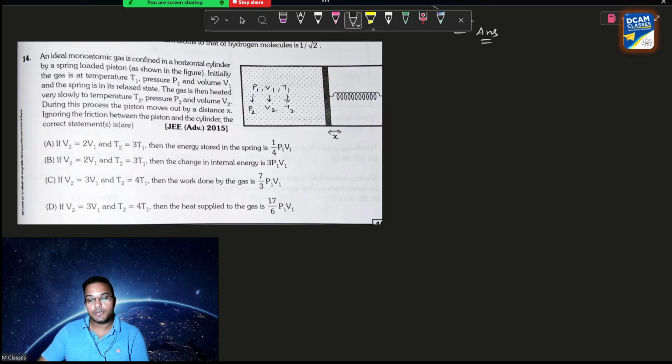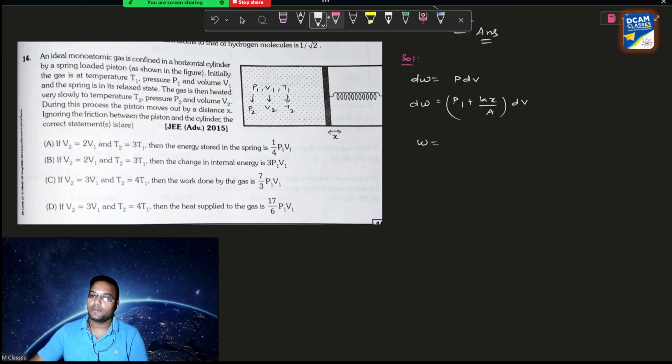The options are: energy stored in the spring, work done, heat supplied. Okay. Let's calculate the work done first. dW is equal to P dV. At any instant, the pressure is P1 plus kx by A, so dW is (P1 plus kx by A) dV.